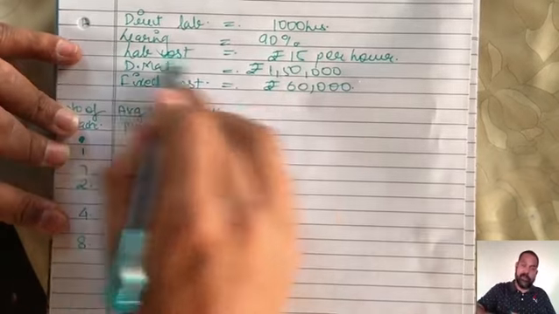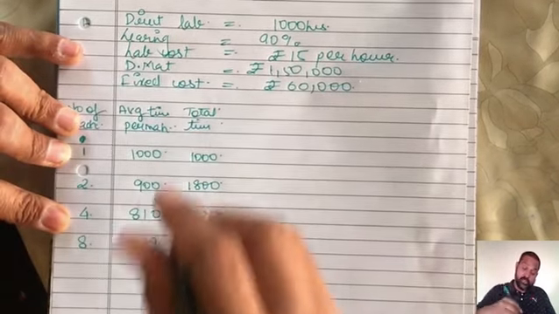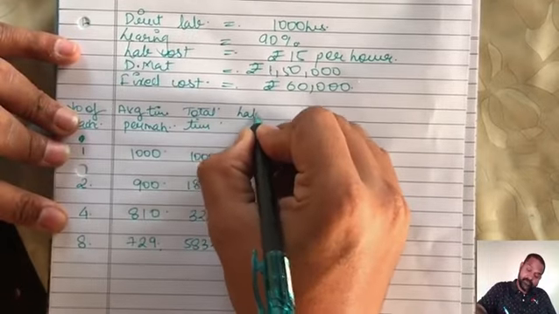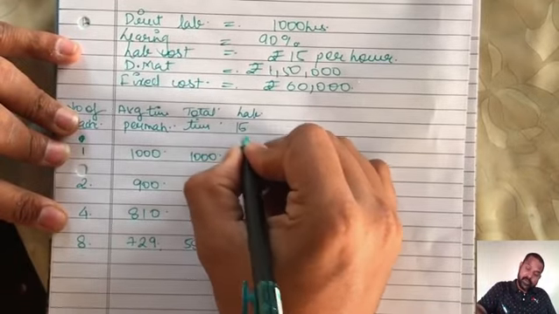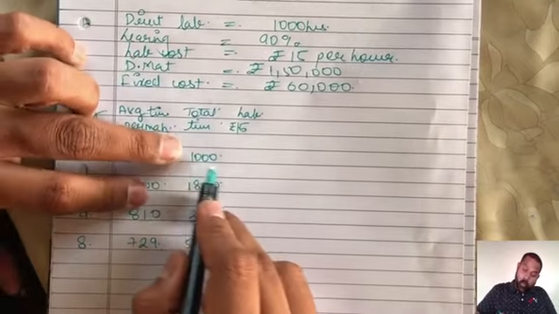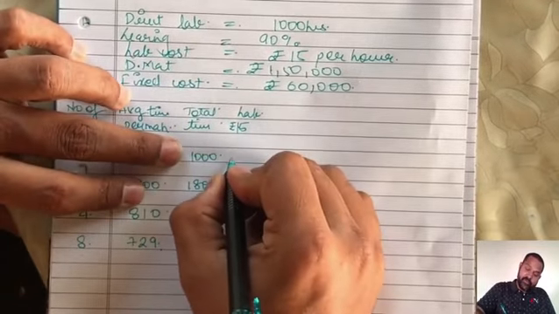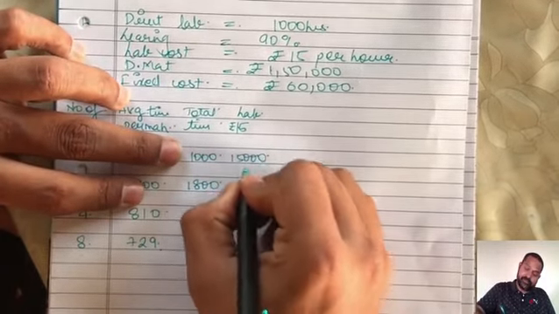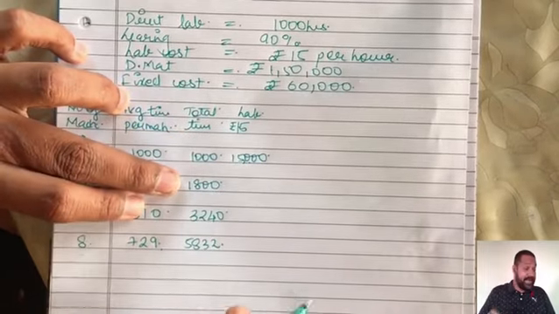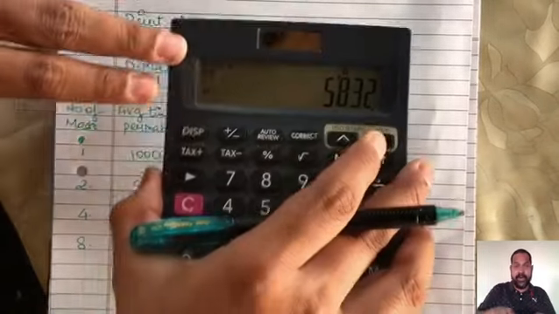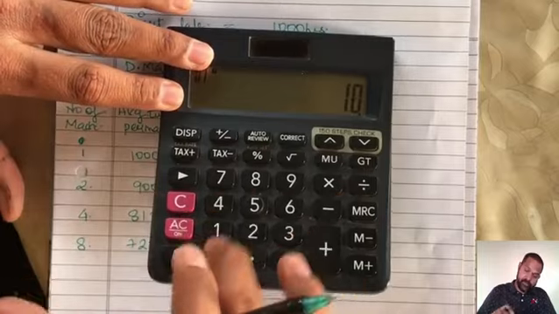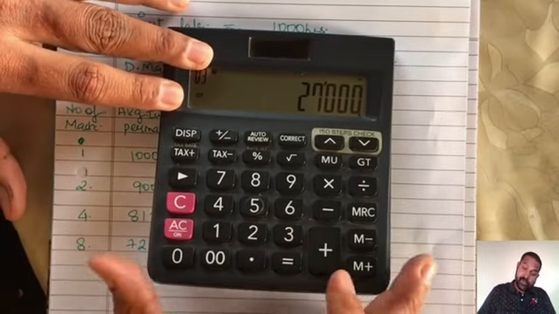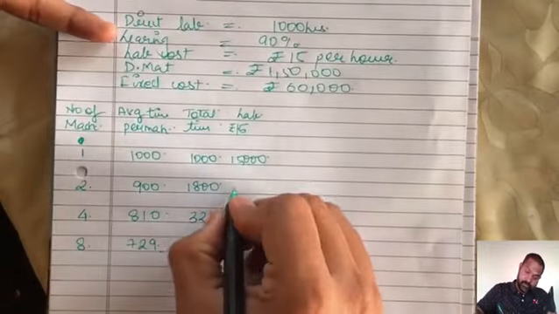That is labor cost. Labor cost is rupees 15 per hour. Correct? So for 1000 hours into 15 is 15,000. For 1800 hours, 1800 into 15 is 27,000.